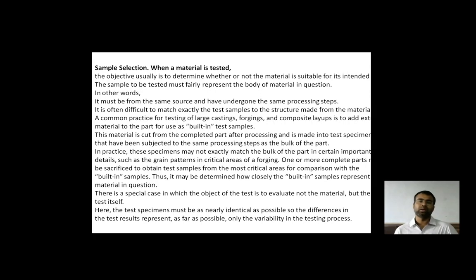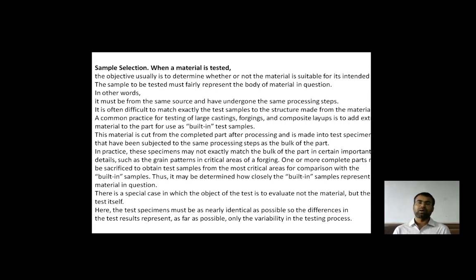In other words, it must be from the same source and have undergone the same processing steps. As we discussed in the earlier class, the material specification includes the processing of that material, by which types of processes it has gone through, and the various sources used to create it.